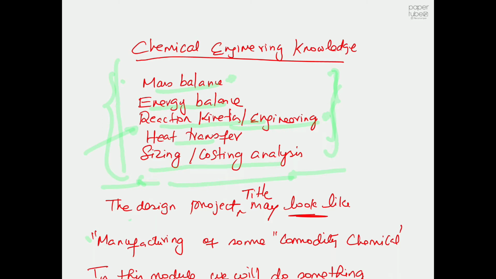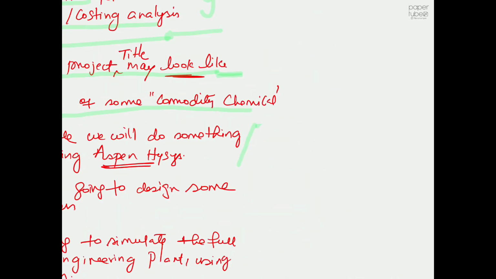And then whenever I say final year design project, obviously you will know that in the next semester. But the title may look something like this: manufacturing of some commodity chemicals, for example. And in this module, as I said, we are going to do something exactly similar, manufacturing of vinyl chloride monomer.